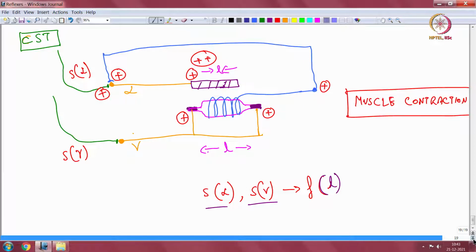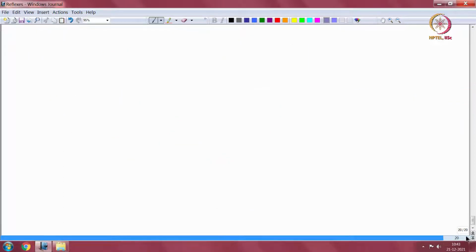Now, we need to look at two more reflexes in the same junction. One is the inverse stretch reflex. So, we draw back our system.